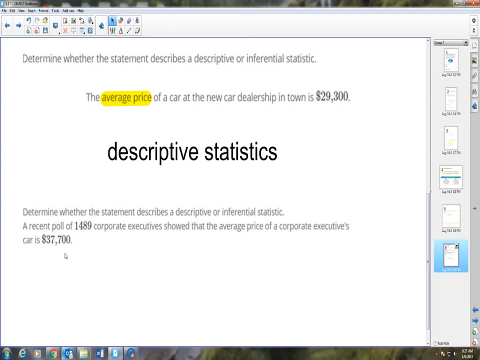That means all these corporate executives, all of them, not just the 1,489, will have an average car price of $37,000. So when we use a sample and extend it to the population, that becomes inferential.